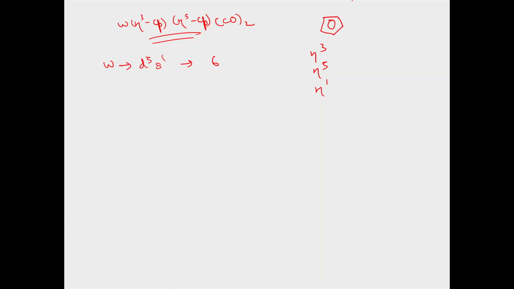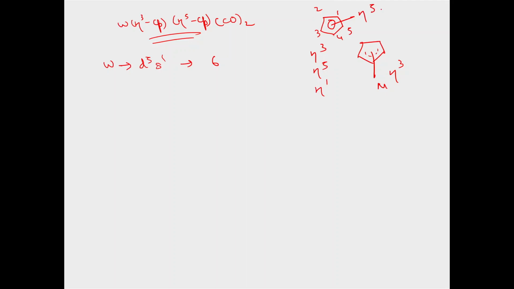If it's coordinating from only one of the carbons, then it will be eta 1. If it is coordinating with 3 only, then it's an eta 3. And if it is coordinating with all 5 carbons, then it's eta 5.